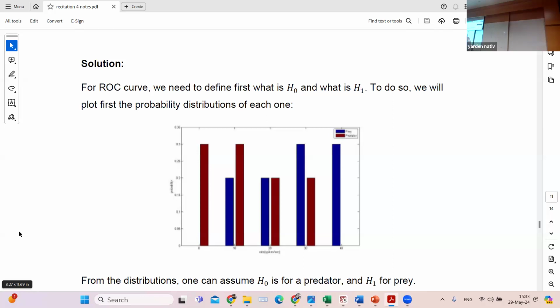Now I'll put the Z over here. How much of my blue distribution is on my right? From here on, I will always count also this one. How much of the blue is on my right? Again, 100.